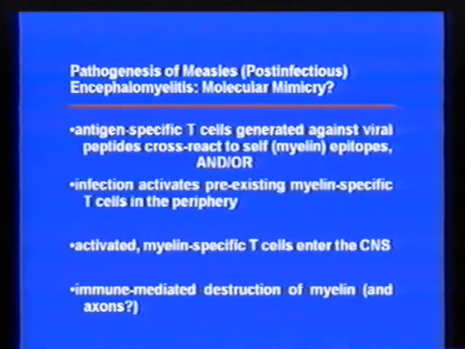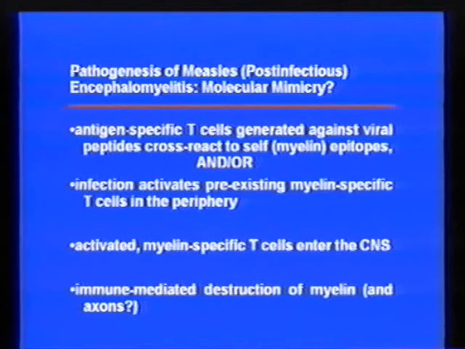So in terms of the pathogenesis here, this is a bit speculative at this point, although there's some suggestive information and data to support it: you get this infection and T cells that are generated against the virus to fight off the infection somehow cross-react to myelin proteins. Or pre-existing myelin-specific T cells somehow get activated by the infection.